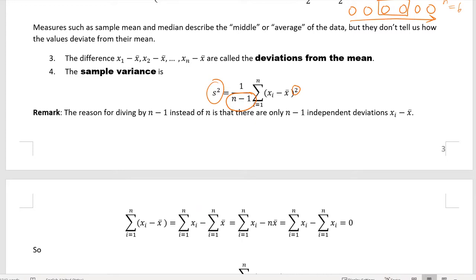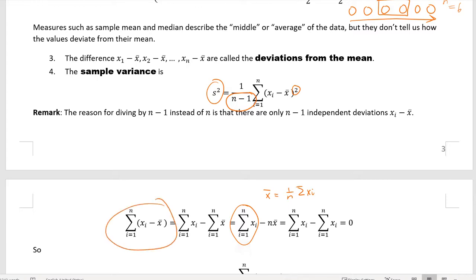Since x bar is a constant, we're adding it n times, so that equals n times x bar. And remember the sample mean is 1 over n times the sum, so the sum of xi is n times x bar. So they cancel and we get 0.